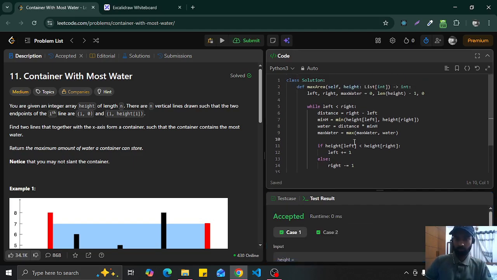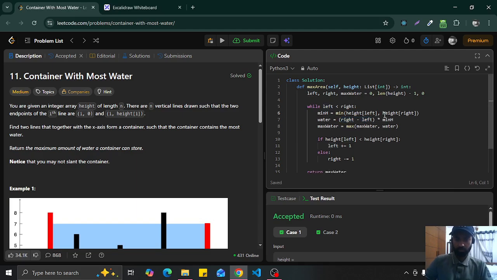Okay, it does. So we can just reduce the number of lines. So what we can do is that, yeah, so water count, we don't have to put distance in another variable. That should also work.